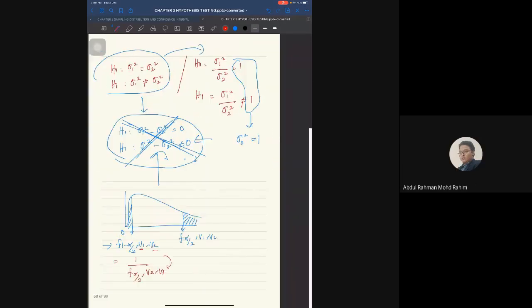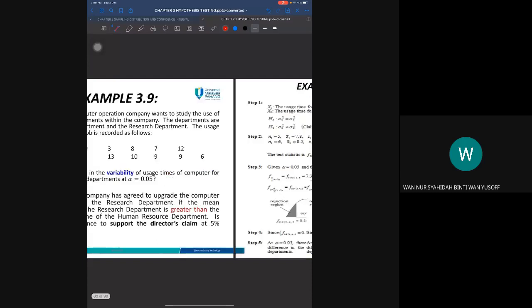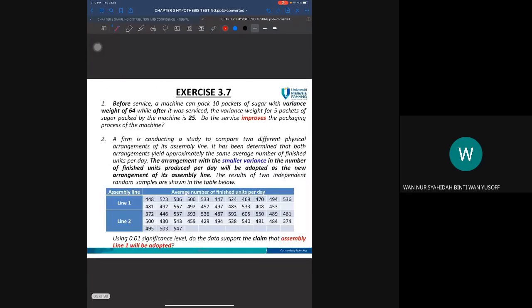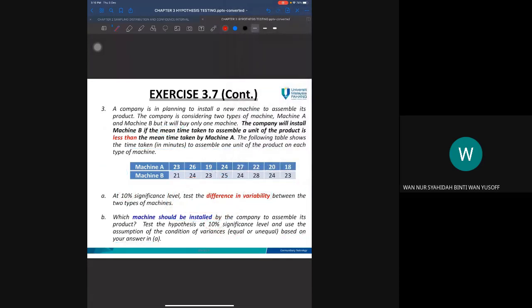Okay, we go to the exercise. Number 3 here. What is the variable?